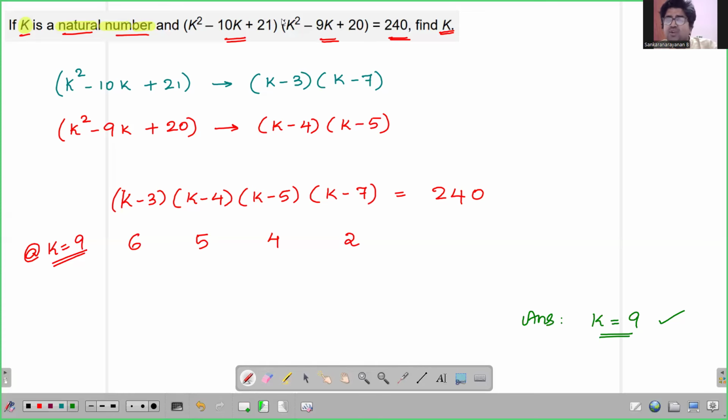A little bit of your knowledge about multiplication of numbers and also identifying how to factorize a given quadratic expression, if you are aware of all those things, solving this question will become an easy task. I hope this explanation is clear to you all.